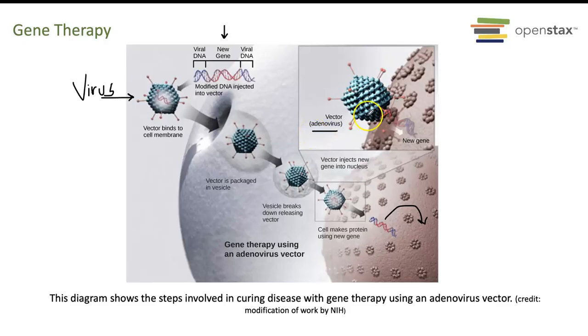This is a virus that can cause the common cold, but it is genetically modified to not cause harm. Okay, so it should not give you the cold or anything, but it should deliver the new genes and incorporate it into the genome, and hopefully, right, your cells will recognize that and then start to make the new hemoglobin protein. So, you could be cured from sickle cell anemia.